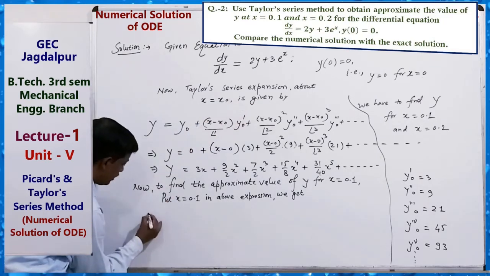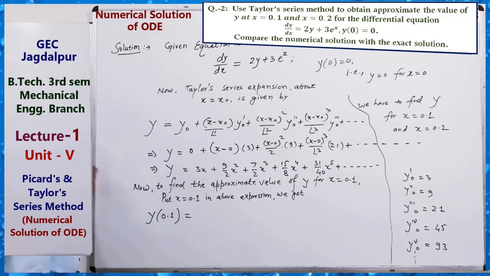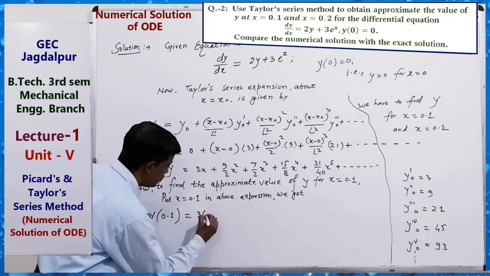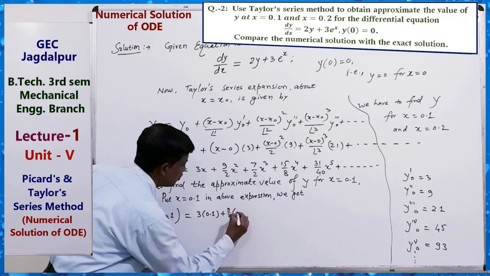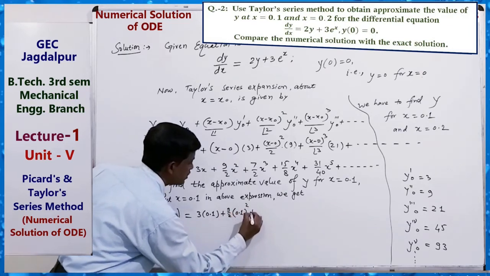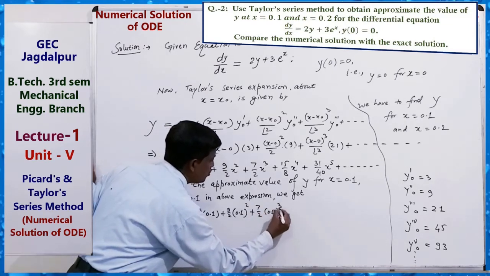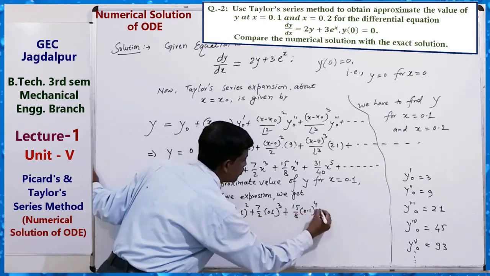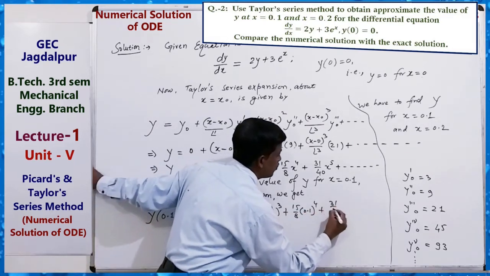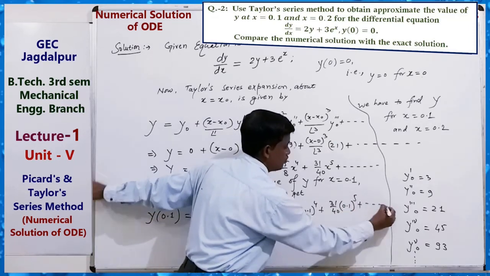So y at 0.1 equals 3 into 0.1 plus 9 by 2 into 0.1 square plus 7 by 2 into 0.1 cube plus 15 by 8 into 0.1 power 4 plus 31 by 40 into 0.1 power 5 and so on.